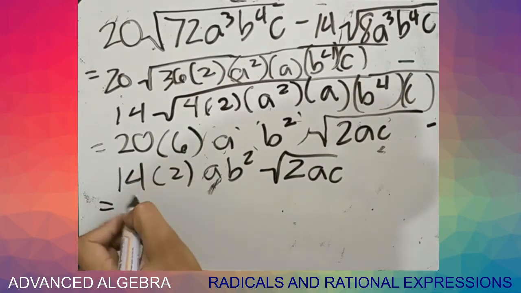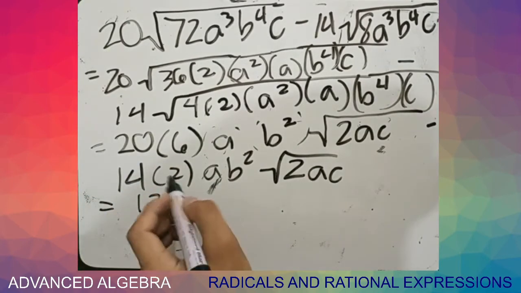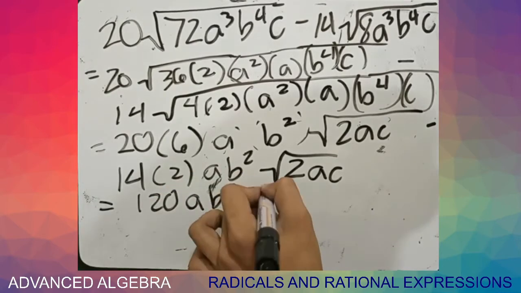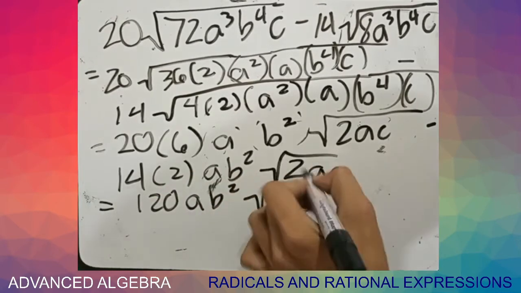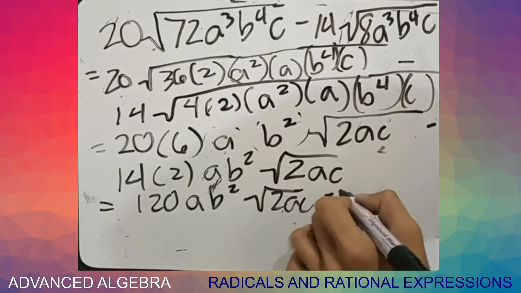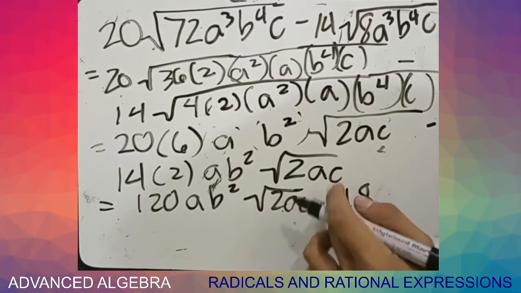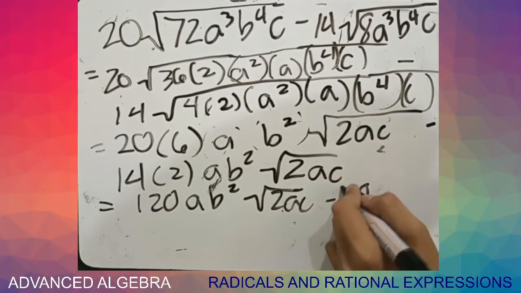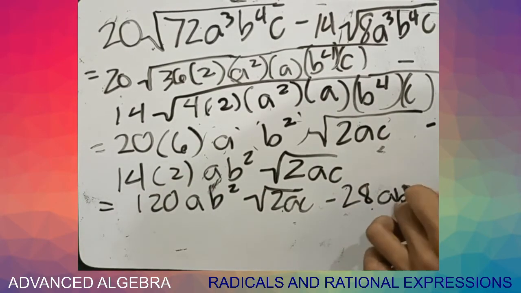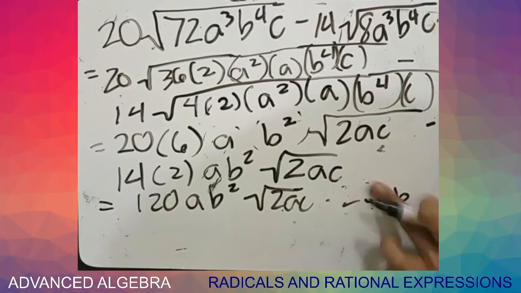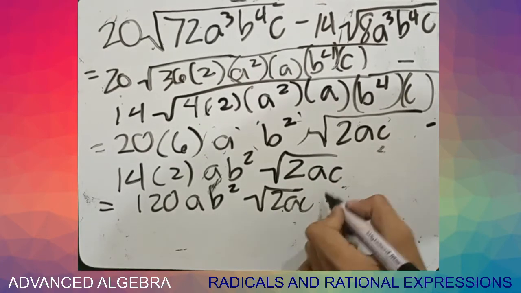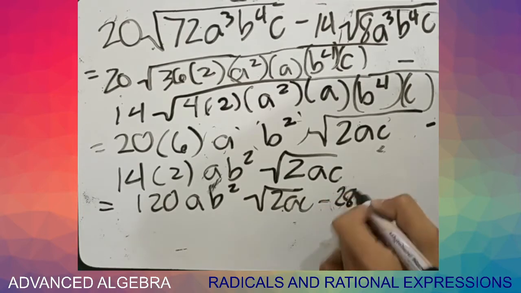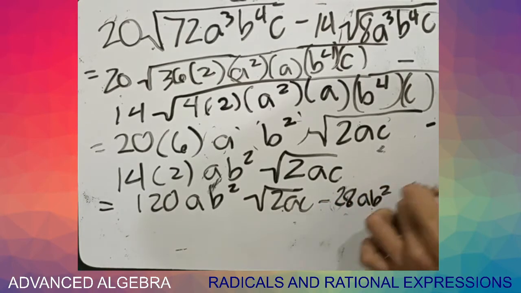So, ngayon natin, simplify lang natin. 120 a b squared, square root of 2ac minus 28 a b squared, the square root of 2ac.